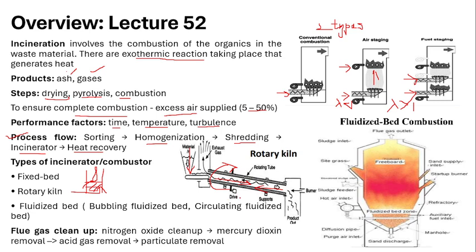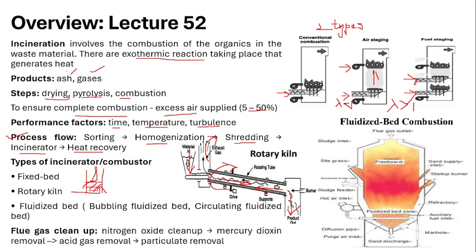So the mixing happens here, and the heat energy is passing here. Burning of the material is happening here, and the exhaust gases are venting out through the exhaust. Whatever products are formed, like ashes, and the rust and burnt particles, are typically collected down here. Okay, so this is the working of the rotary kiln.